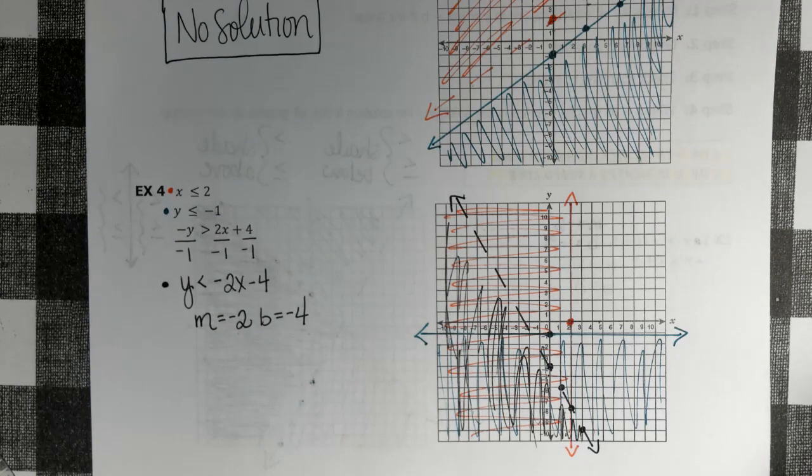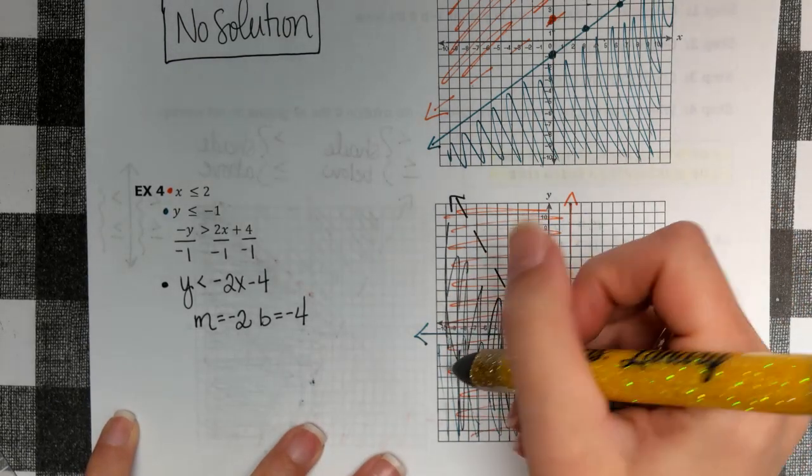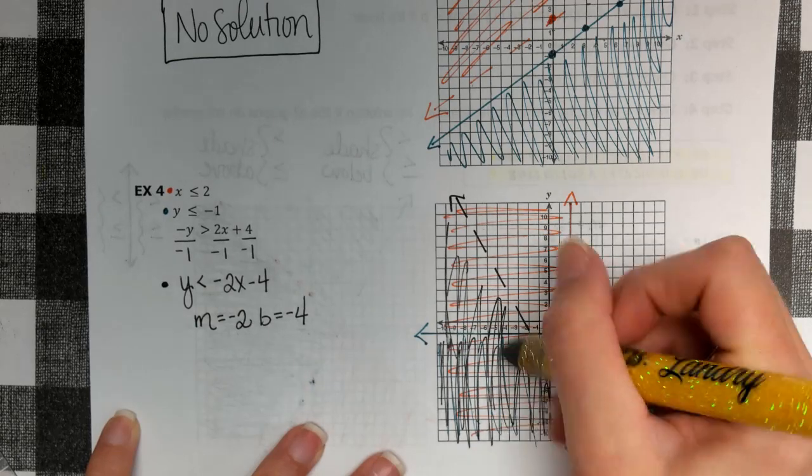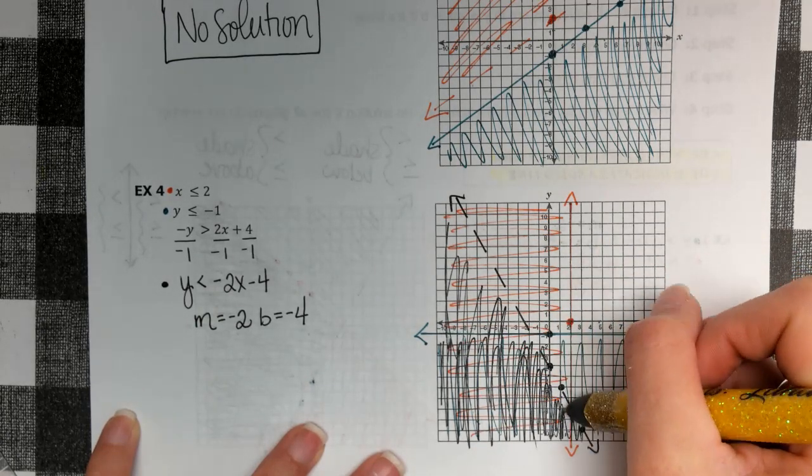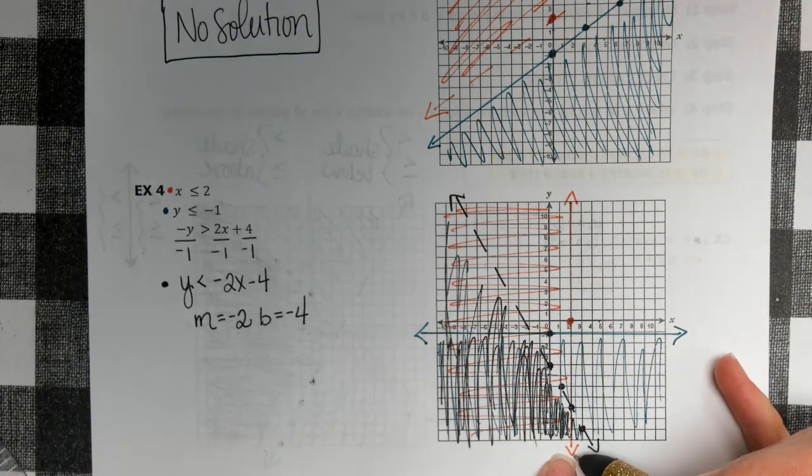So if you use really dark colors, it's going to be hard to see where your boundaries are. Okay? So this little left area, but don't forget it cuts off at that vertical line.